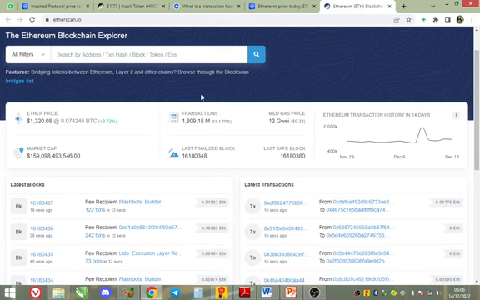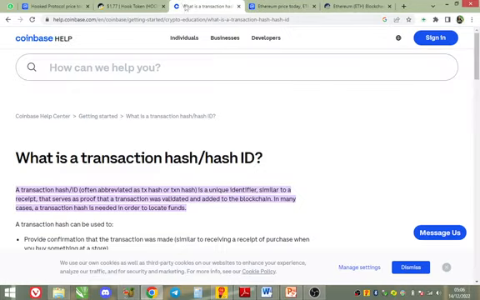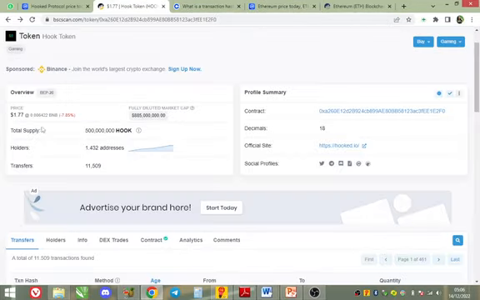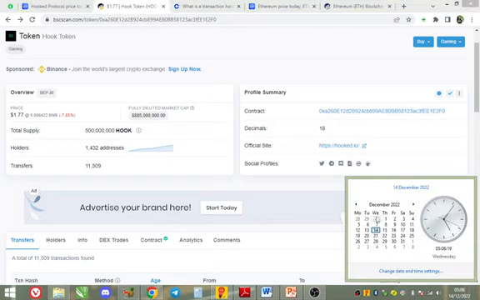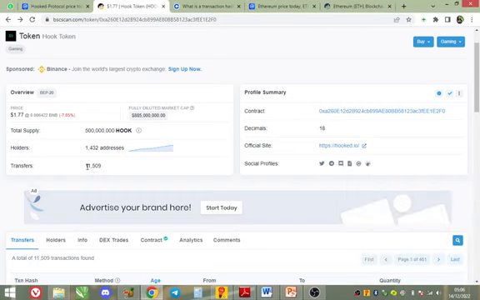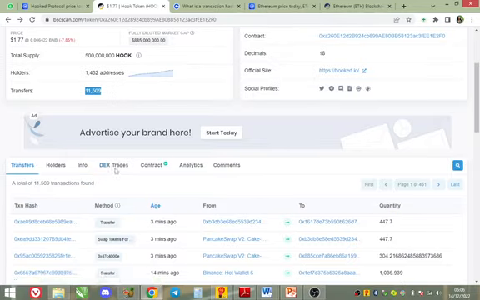It's so many transactions because Ethereum has been around for about 2 years. But our Hook token was just created on the first of December, which is just 2 weeks from now, and we already have 11,509 transactions. It's a good transaction count.